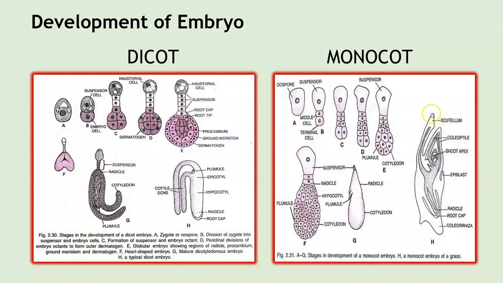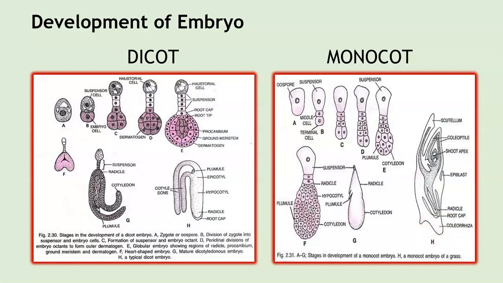If you see, this is your scutellum. The protective sheath of the plumule is called the coleoptile. This is the protective sheath on your plumule, which is called the coleoptile, and that of the radicle is called the coleorhiza. So this is the protective covering on the radicle, which is called the coleorhiza.